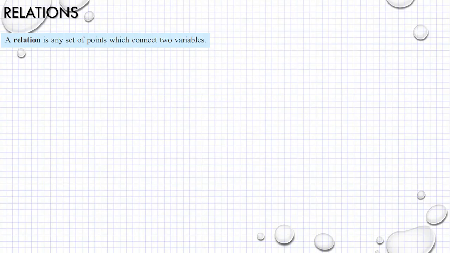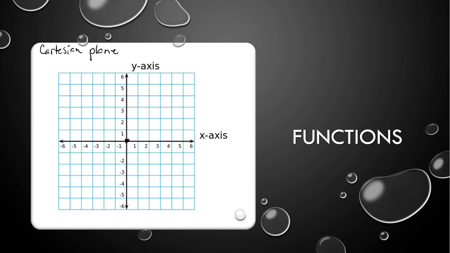define relation first. Before that, a relation is any set of points which connect two variables. So we need two variables, and you can see here we have a variable x and a variable y. When we have two variables, then we have a pair of numbers, and we call it a point.